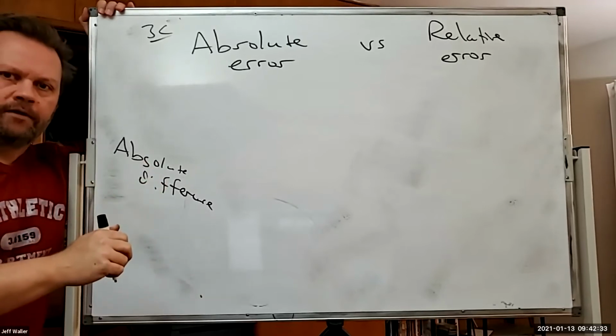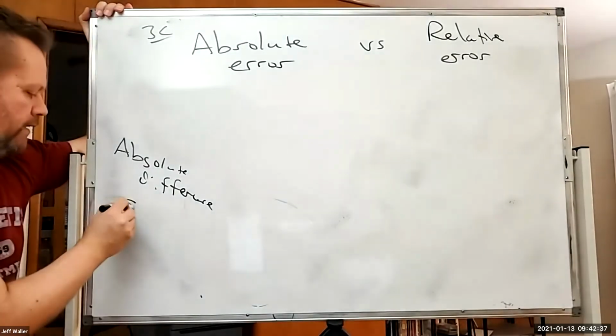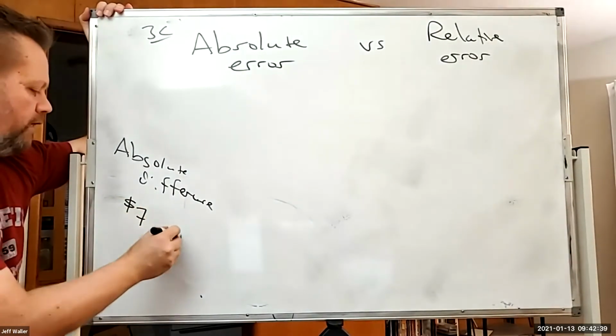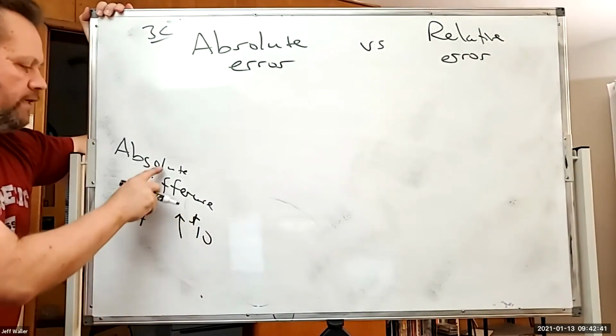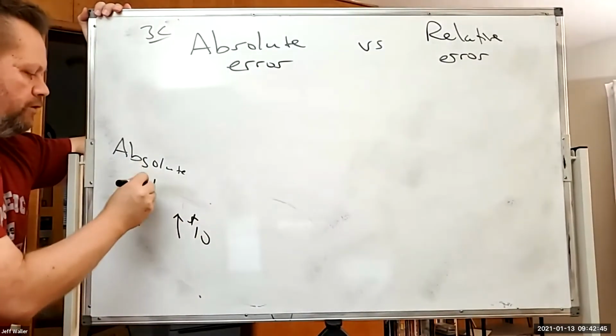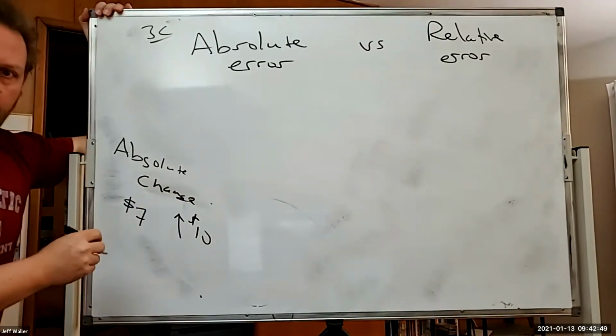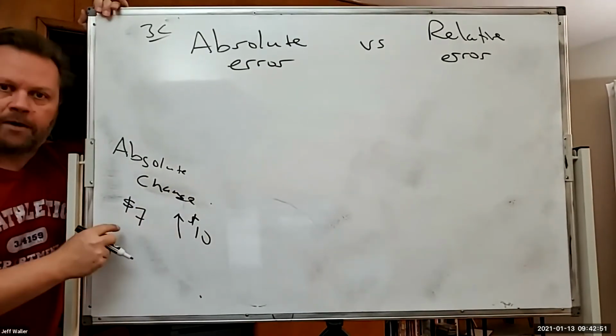And that's pretty straightforward. If I had something that cost $7 and I mark it up to $10, what was the absolute change? How much did it just absolutely change by?